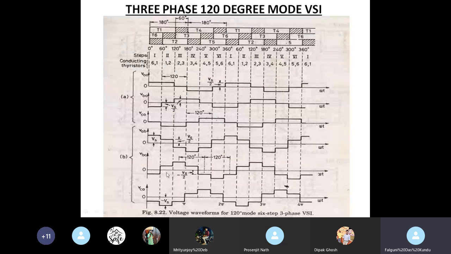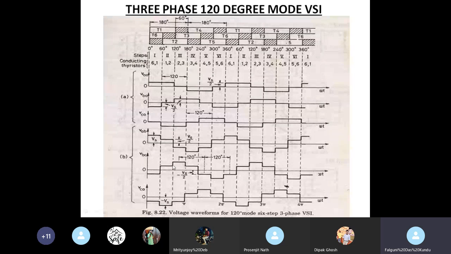Clear. So VBC is 0 minus of minus Vs by 2, that is plus Vs by 2.